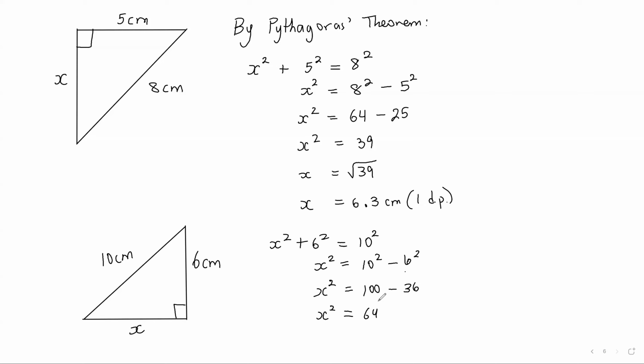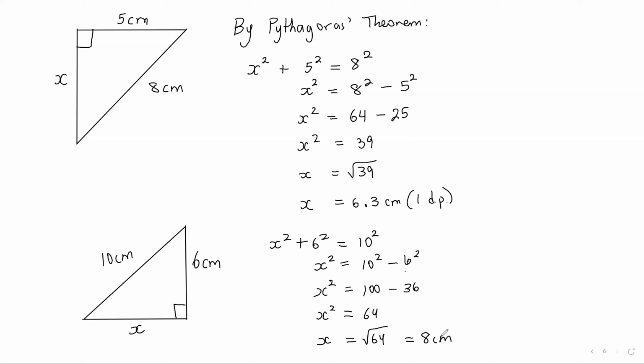So that would make x what? The square root of 64. If x squared is 64, then x will be the square root of 64, which is 8 centimeters.